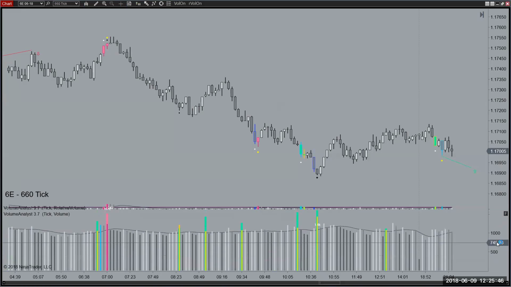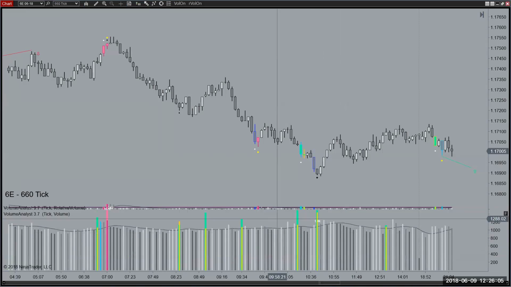But typically, if you just put raw volume on here, just the standard volume indicator, it's going to look like this. So you don't really see quite a bit of difference from one bar to the next. And that's just the way that tick charts are, really, right? Because you're dividing it by the total number of transactions.